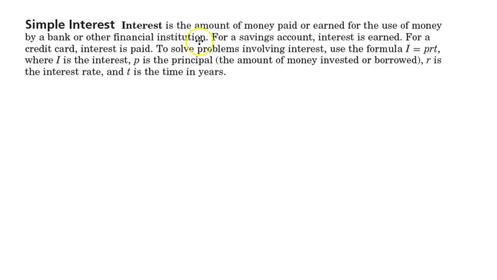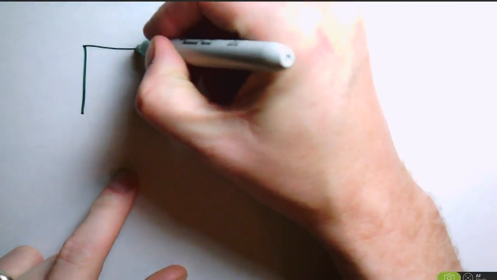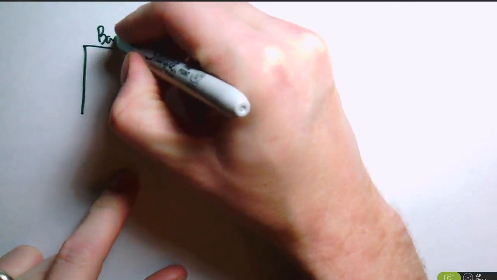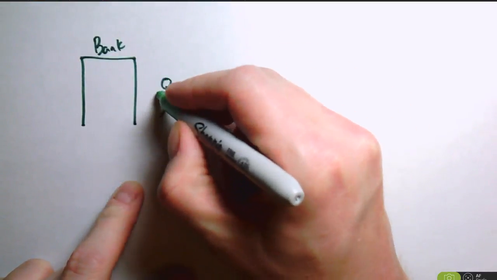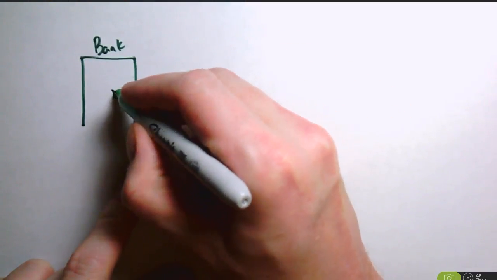So for simple interest, interest itself is the amount of money paid or earned for the use of money by a bank or other financial institution. So for instance, when you put money into a bank, you go over there and you give them your money.